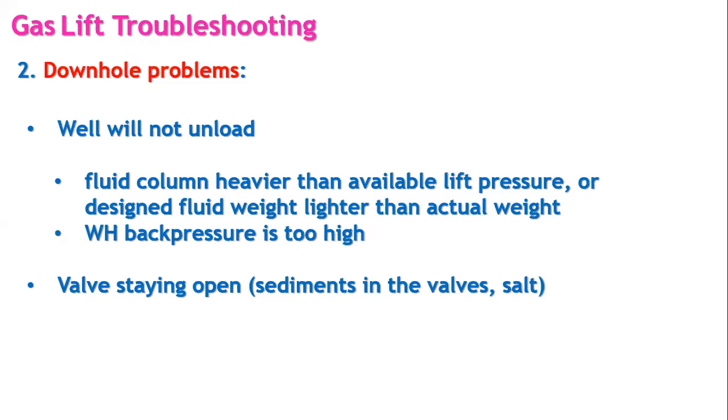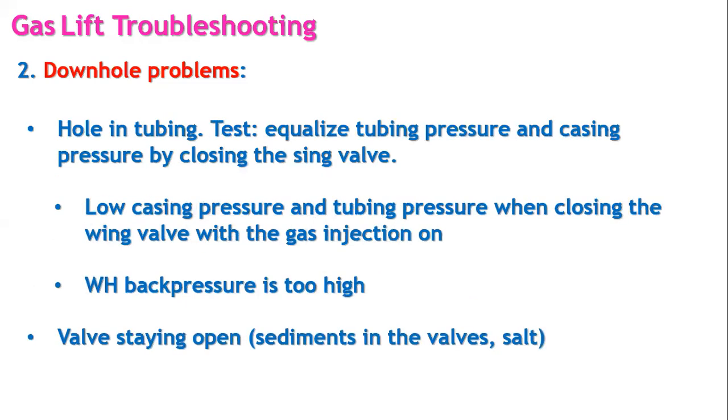Another potential issue is the valve staying open. Sediments in the valves or salt or many issues are keeping the injection valve open. And another common issue is a hole in the tubing.